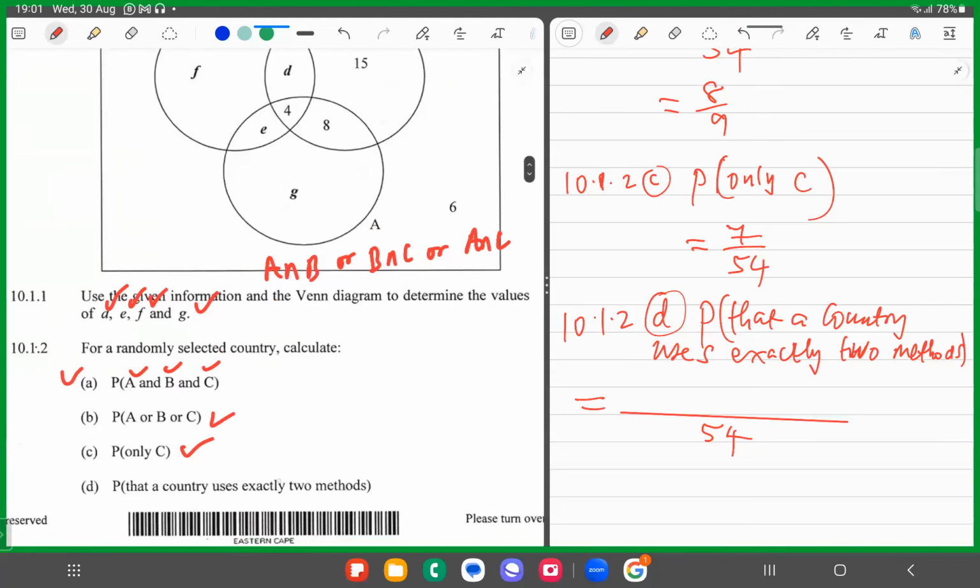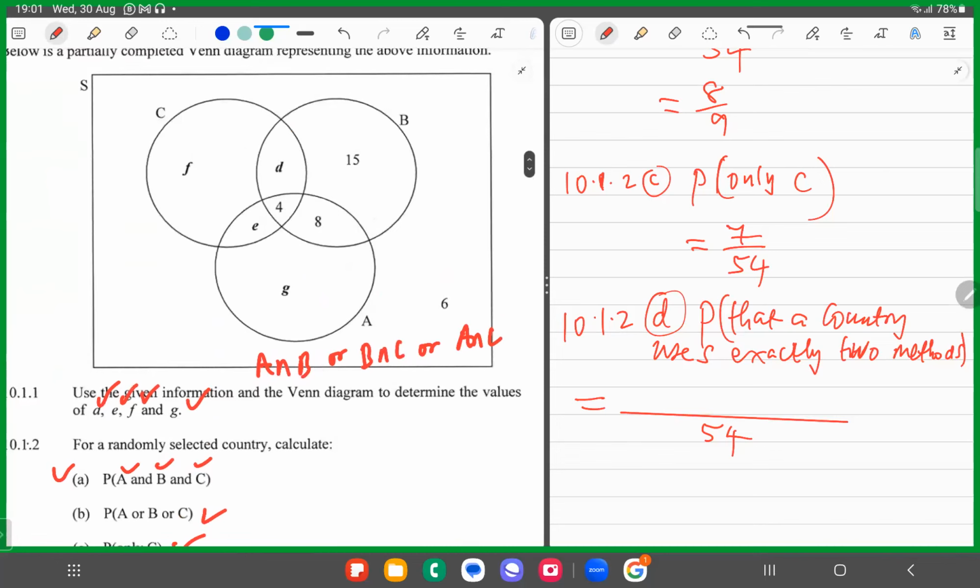That a country uses exactly two methods. And then what is this? Right, so obviously we have this. What is the probability that a country uses A and B? How many countries are there in A and B?